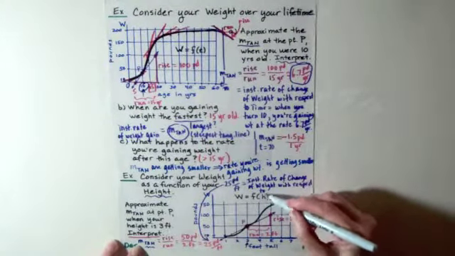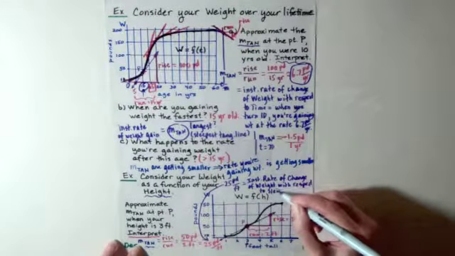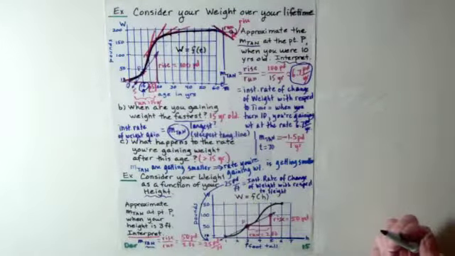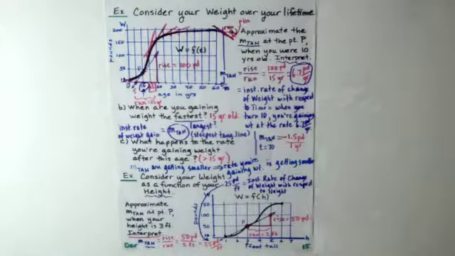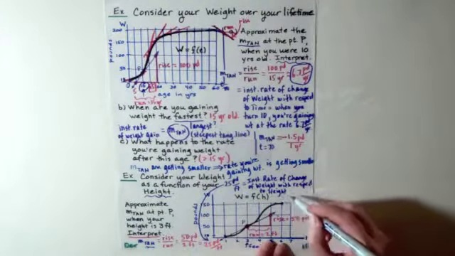Your input variable is now h, in other words, with respect to your height. So it's an instantaneous rate of your weight, how much your weight changes compared to your height. So the instantaneous rate of change of your weight with respect to the input variable of height.